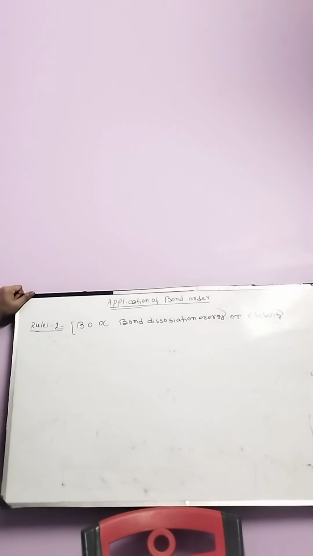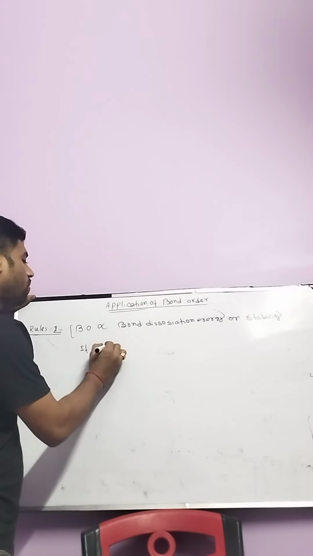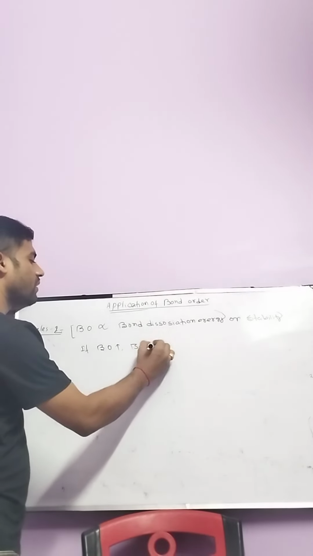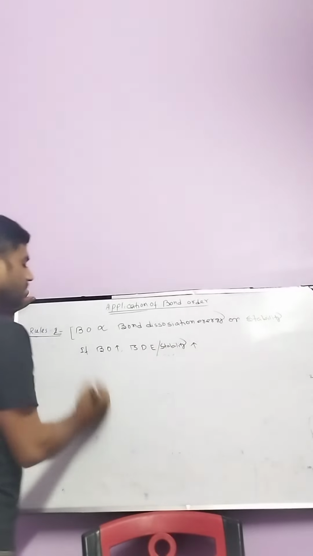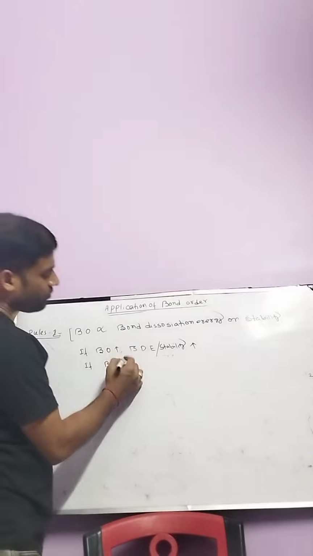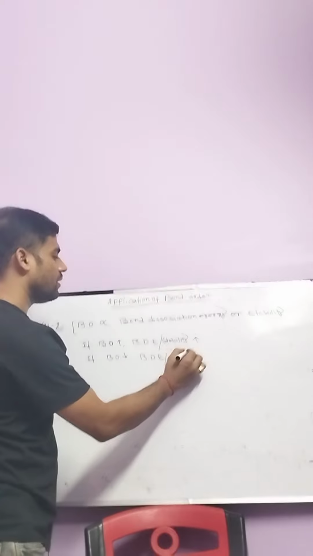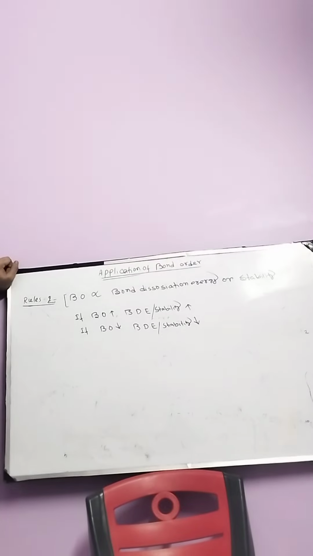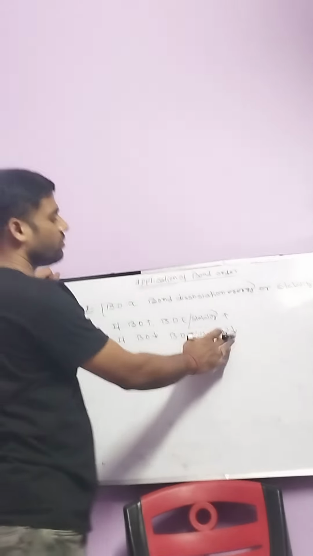If the value of bond order increases, then BDE, that means bond dissociation energy, or stability, increases. If bond order decreases, then bond dissociation energy or stability decreases. This is a direct relation.